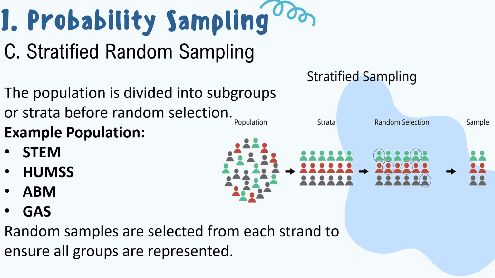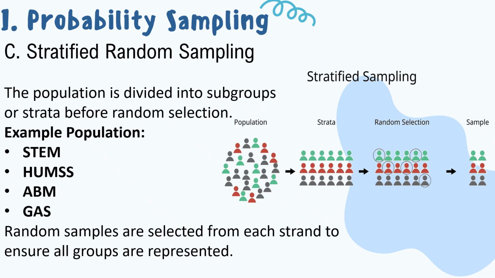So these are different groups or strata. So why might we divide them first? So to make sure every strand is represented. Okay, so after dividing the population into groups, we randomly select participants for each group. Okay, so stratified sampling means divide into groups first and then randomly select from each group.